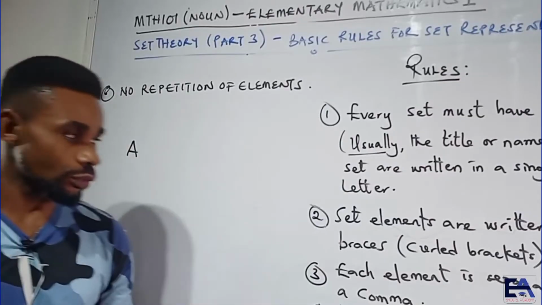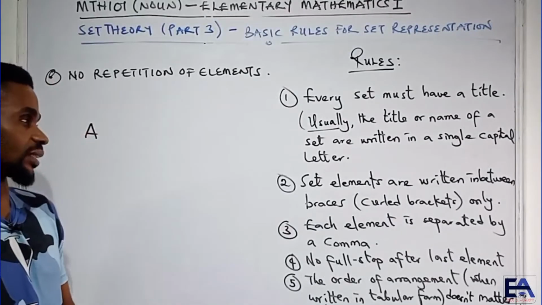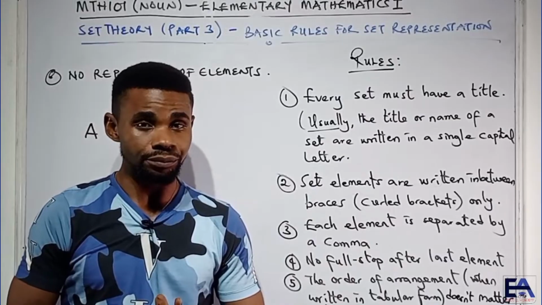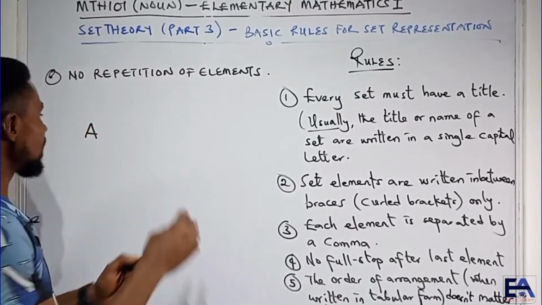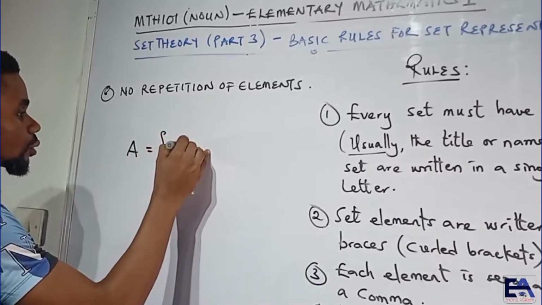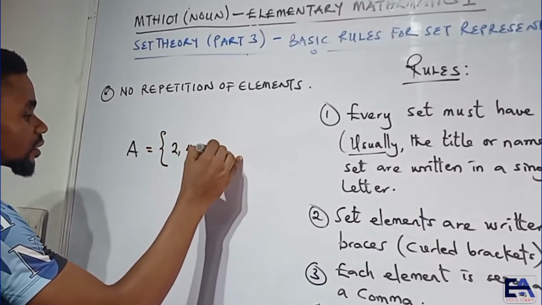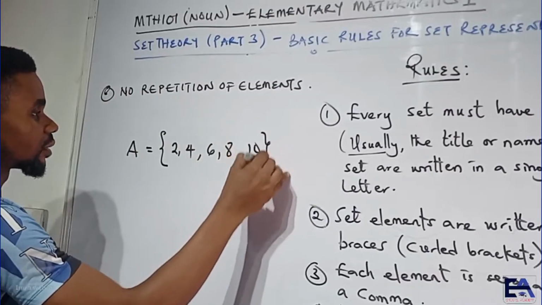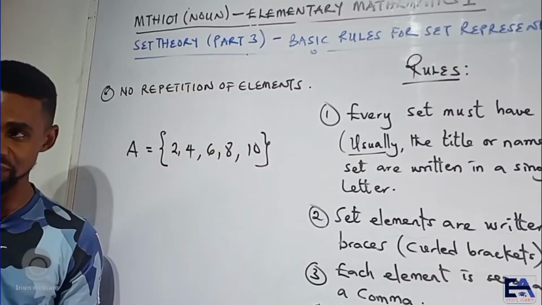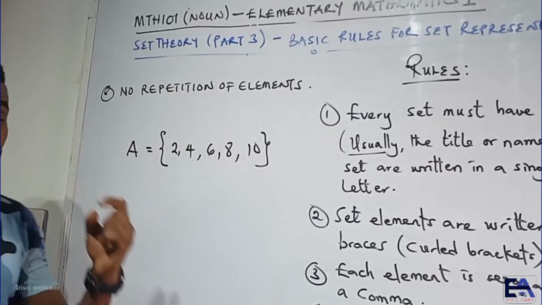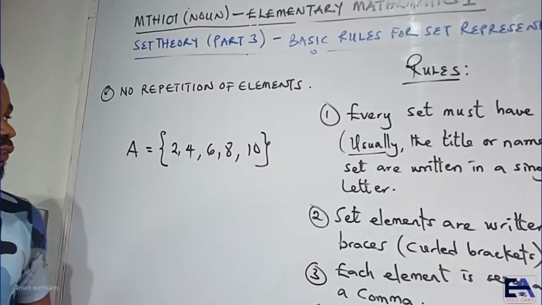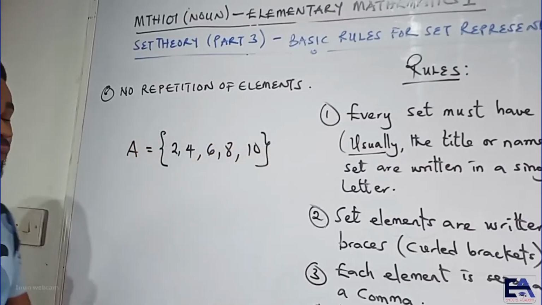Rule number two is that the elements of a set are written in between braces. If set A has, let's say, elements 2, 4, 6, 8, and 10, all the elements of a set, that is the members of that set, if you want to itemize them in tabular form like this, you must always keep them in braces.